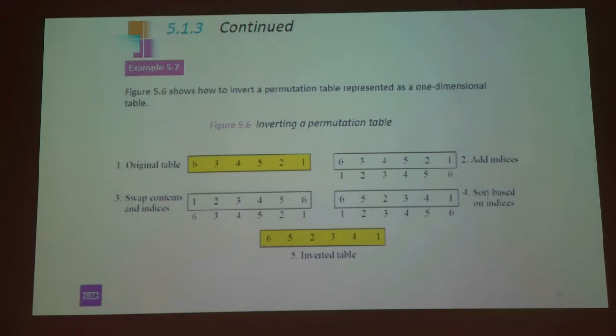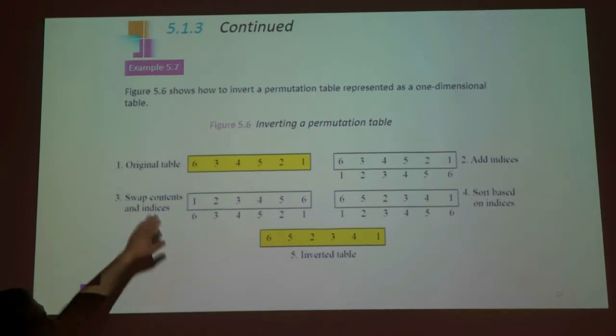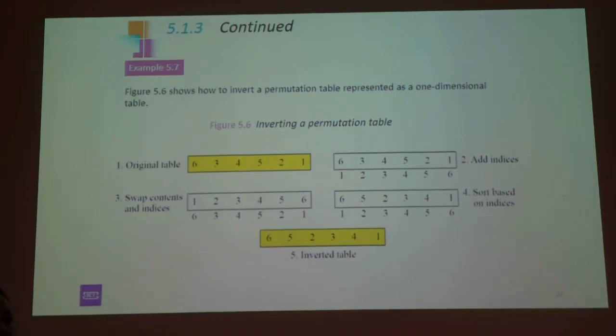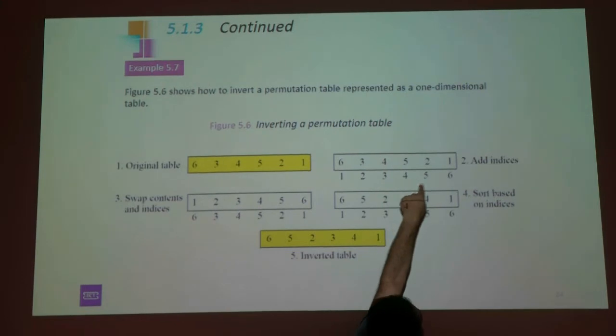Inverting the permutation table. So this is the original table, which is 6, 3, 4, 5, 2, 1. Clever. Then number 2, what do you do? Add indices. So 1, 2, 3, 4, 5, 6.